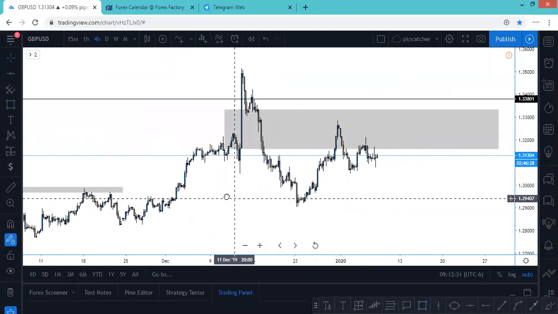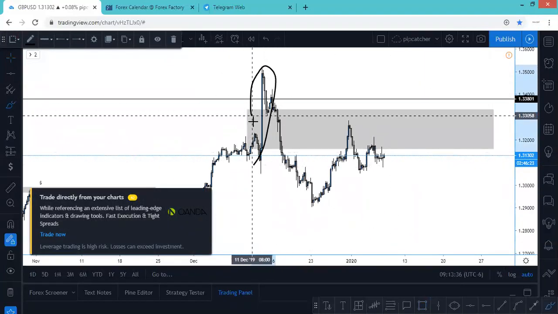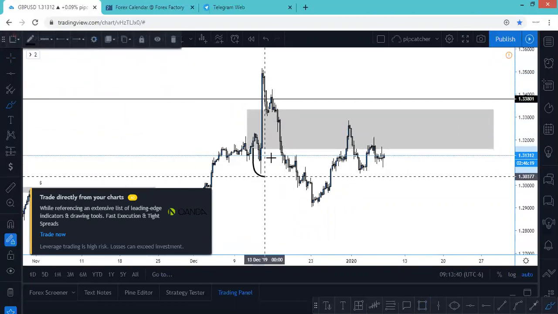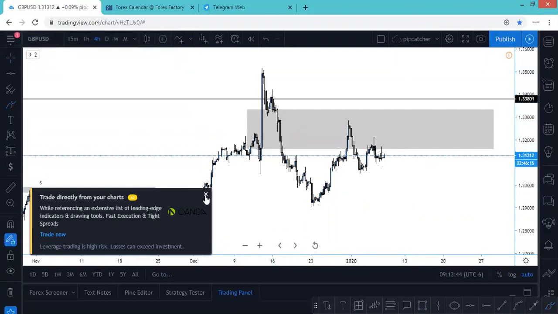So we go down to the 4 hour, and you can clearly see that this is looking like a buy to sell type of move, right?